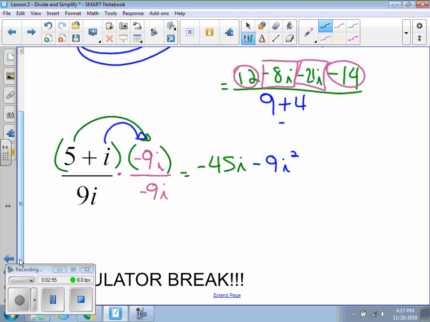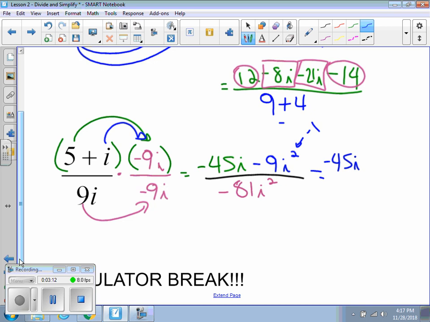Now, my denominator, I have 9i times negative 9i, which is negative 81i squared. Remember, your i squared term is the same as negative 1. So in my numerator, I really have negative 45i, negative 1 times negative 9 is positive 9. And in the denominator, negative 1 times negative 81 is positive 81.